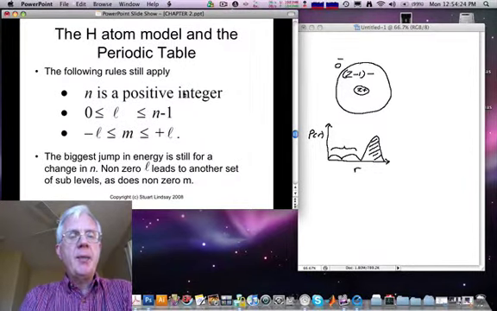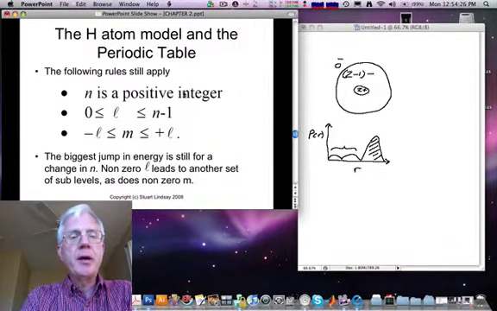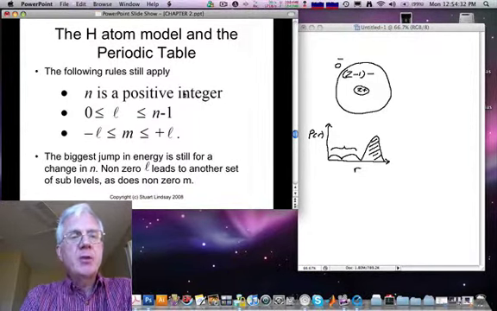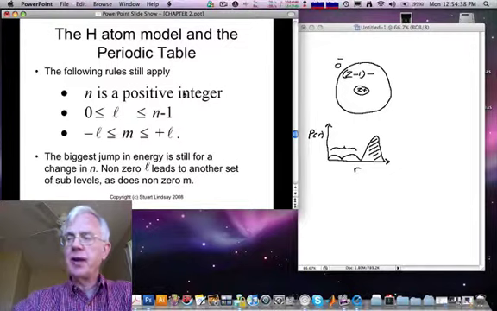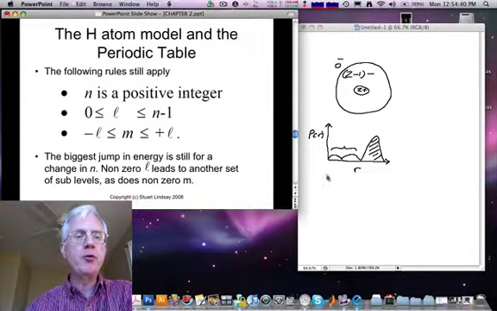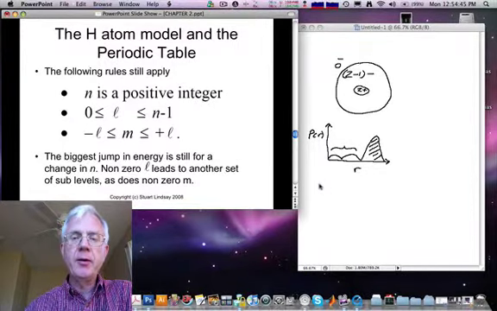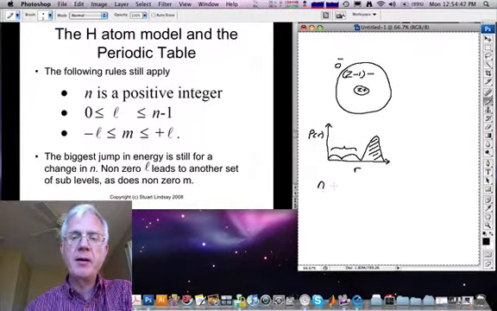So with this in mind then, let's build up a table of what would happen to our states as we add one electron and one proton to the hydrogen atom to move through the periodic table. So to remind you, the principal quantum number n can be any integer.